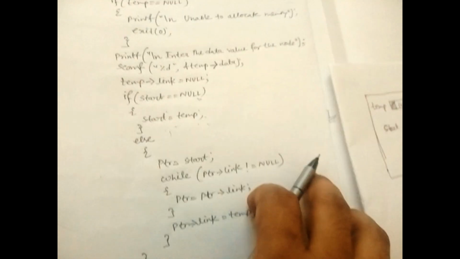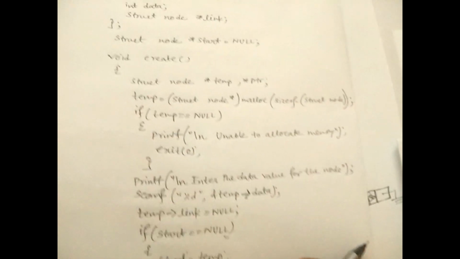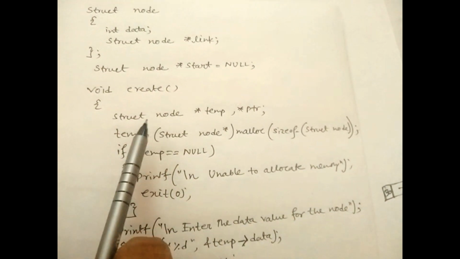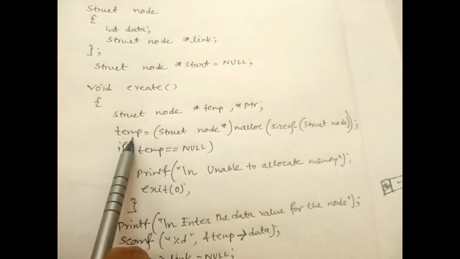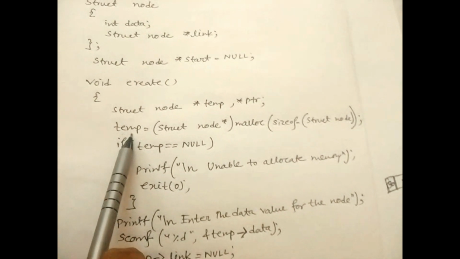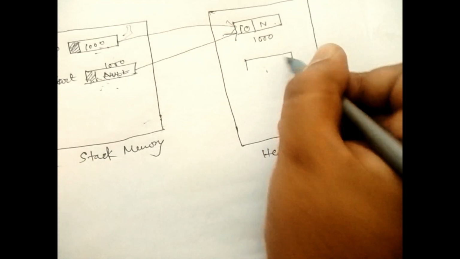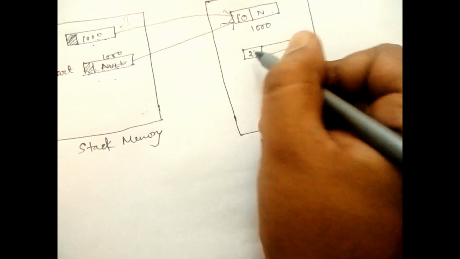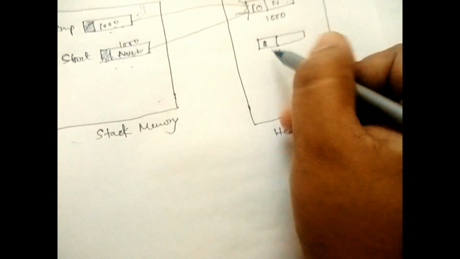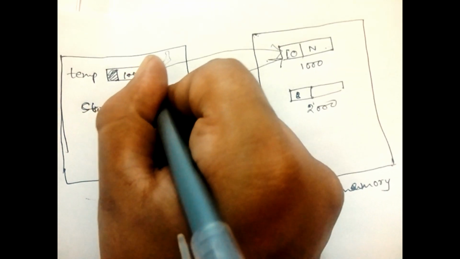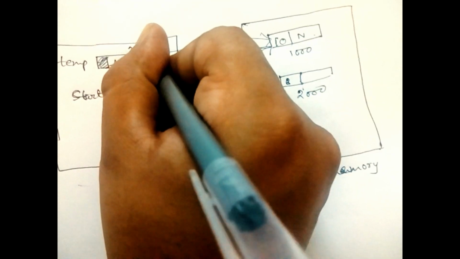Suppose we call the create function again. Okay, now again an address is allocated for temp in heap memory, but it is a different address. Suppose the address is 2000. New memory is allocated, which is 2000, and temp is 2000.